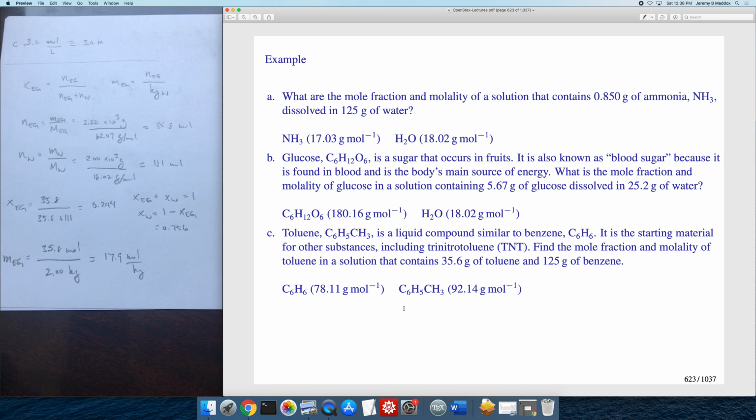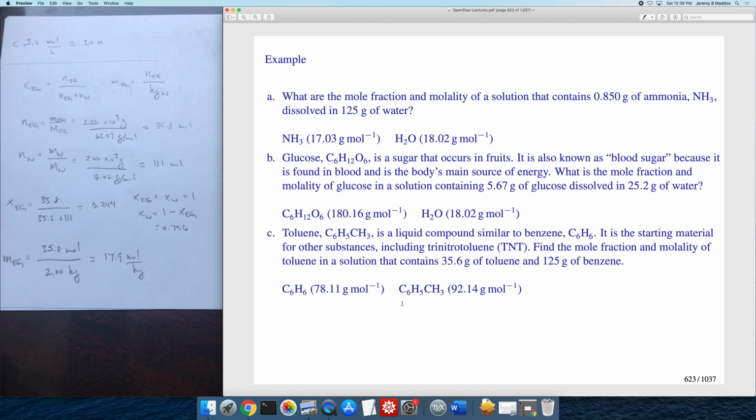These problems, I'm going to look through them very quickly, but I believe they are identical. Mole fraction and molality of ammonia in water, mole fraction and molality of glucose in water, mole fraction and molality of toluene in benzene.